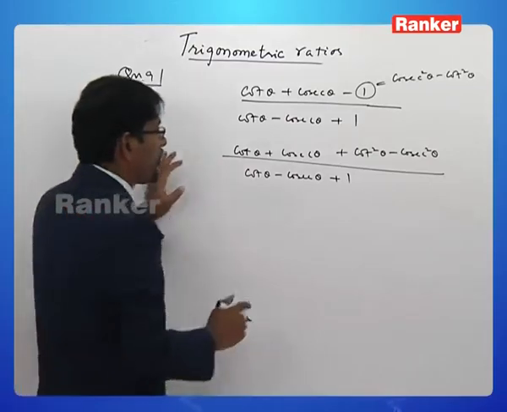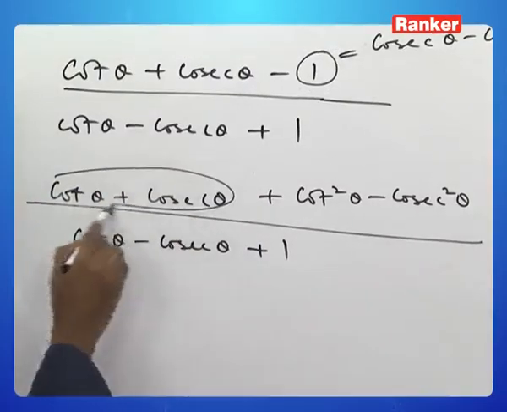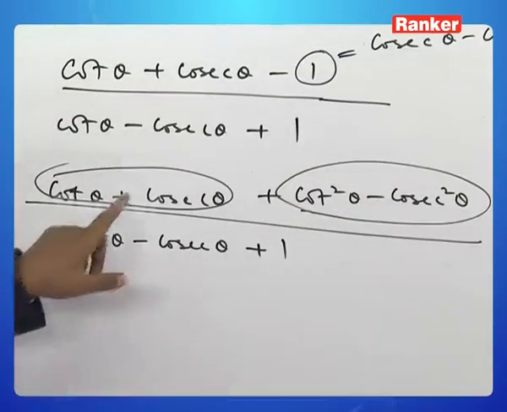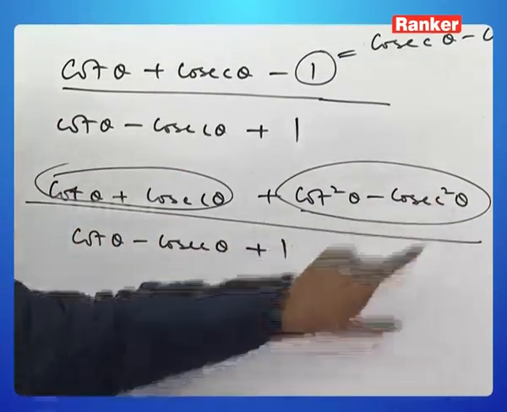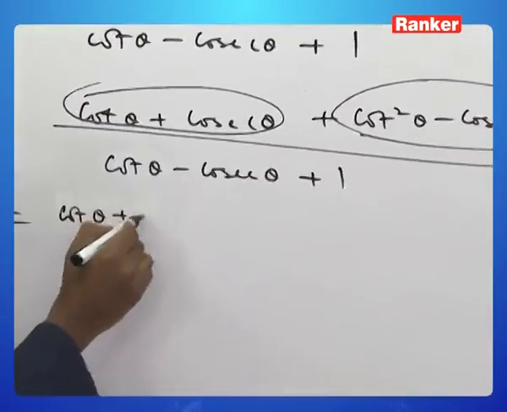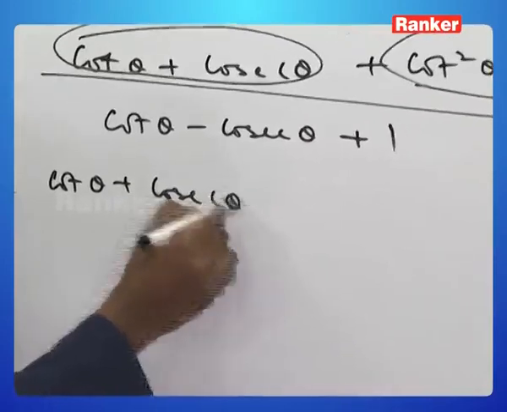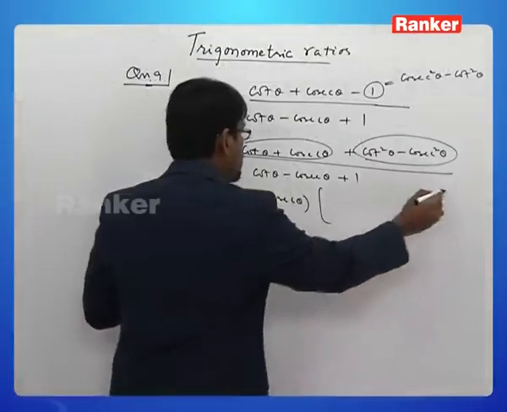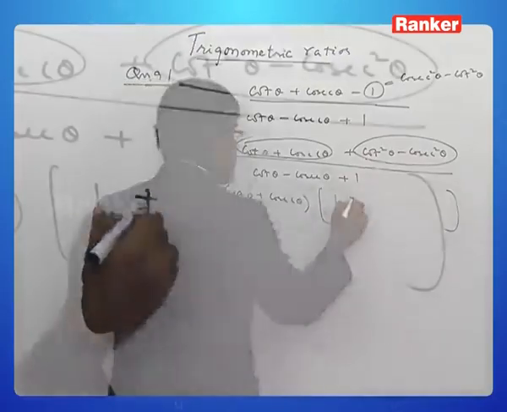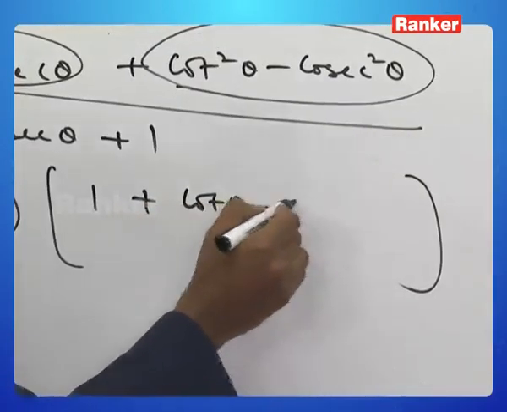Observe that you can take cot theta plus cosecant theta common here, because this is in the form of a plus b, this is a square minus b square. So we can take out cot theta plus cosecant theta common from the two terms of the numerator, and therefore we get 1 plus cot theta minus cosecant theta.